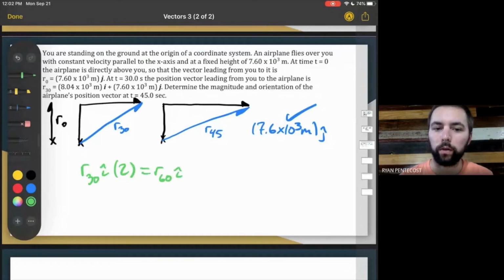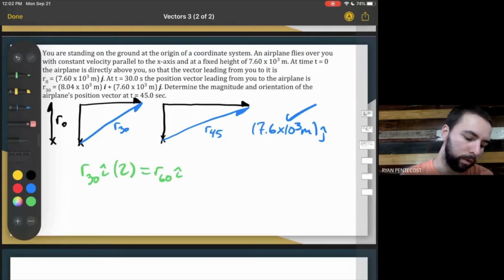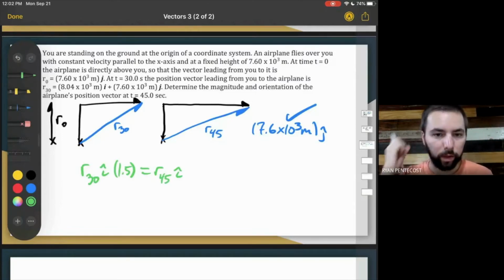Well, if we just want the component at 45, we will change that up. We will multiply by 1.5 to get the r45, right? Really simple way to just algebraically get to your answer quicker.